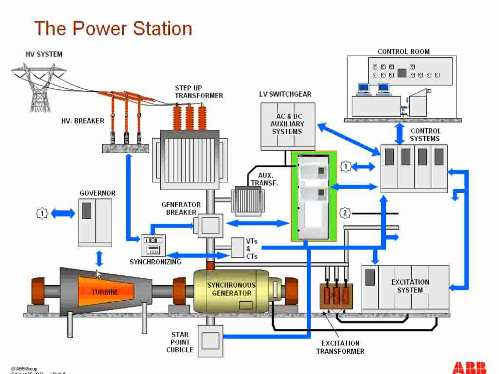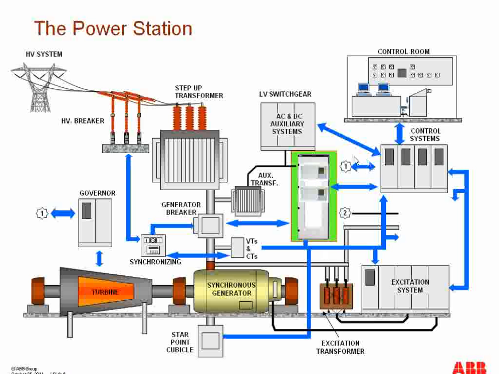In this picture, you can see that this whole sequence of the power station starts from the turbine, and the turbine has a governor system with it to control the input to the turbine, and then this turbine is connected to the synchronous generator, and the synchronous generator is connected to the excitation system over here, and then the excitation transformer is here, and we have a generator protection panel that provides the generator protection, and we will discuss it in detail.